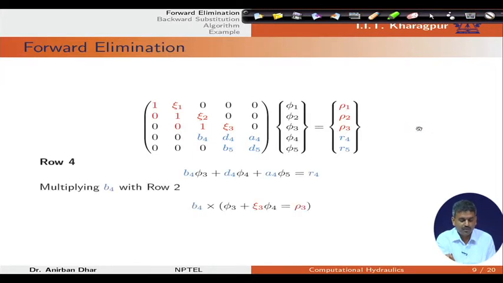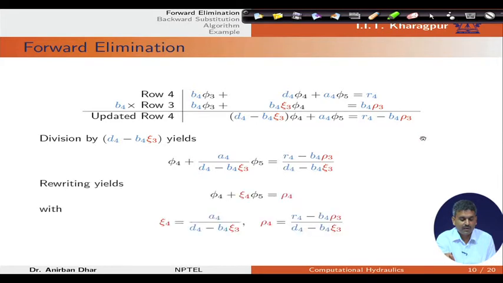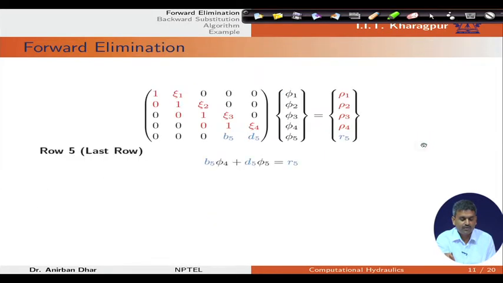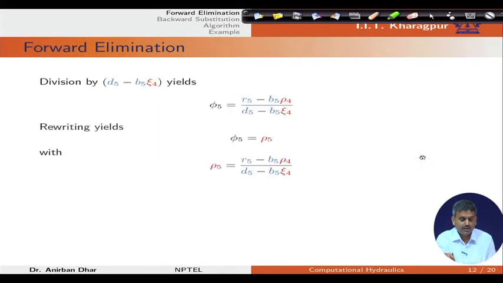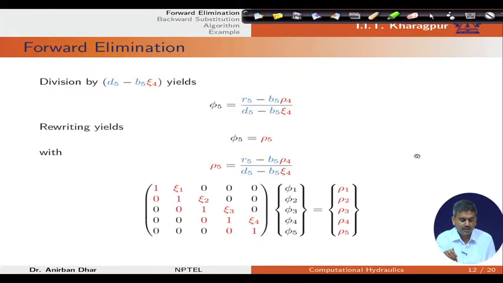Now, for rho 4 and rho 5, the same process will convert this total thing into an upper matrix. I will not say this is upper triangular because we are getting only the diagonal term and above diagonal terms.